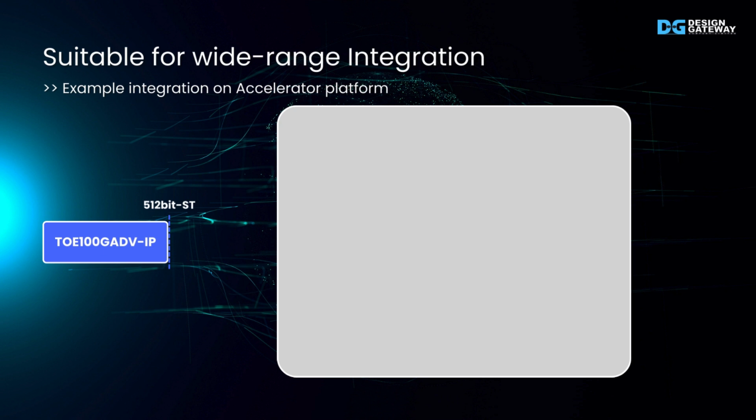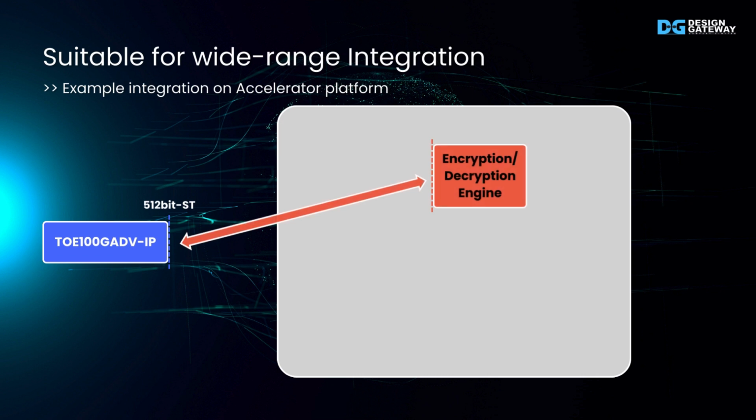Here are some potential application examples for TOE 100G Advance IP, leveraging its capabilities and the standard interface. Direct Memory Access, DMA, Engine: offloads memory transfer tasks from the CPU, improving overall system performance. Encryption-Decryption Engine: enables secure network communication by handling encryption and decryption tasks efficiently.